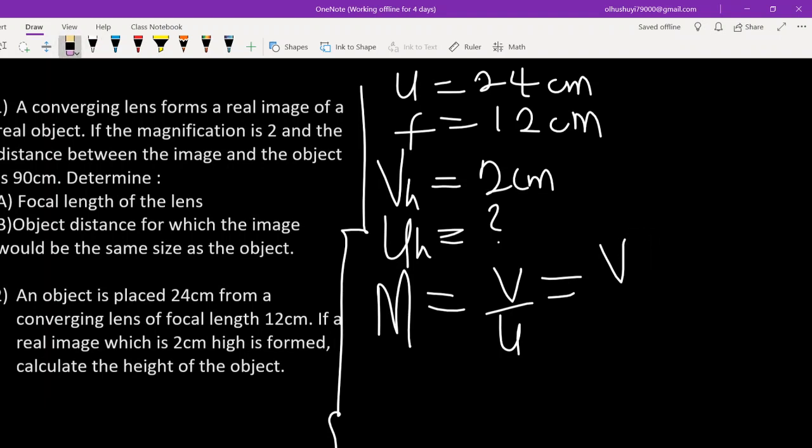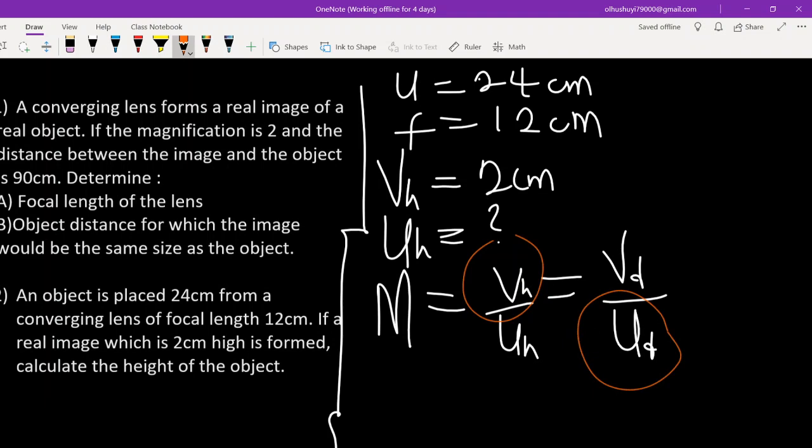Let me use small d for distance. So V subscript H over U subscript H is equal to V subscript D over U subscript D. Here we have the image height and the object distance, but we don't have the image distance.